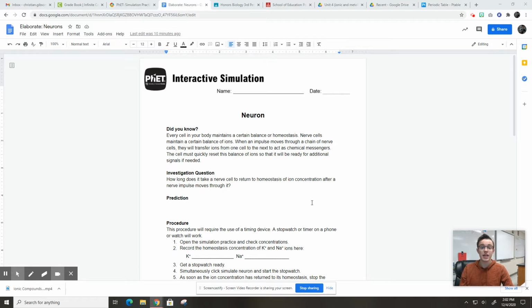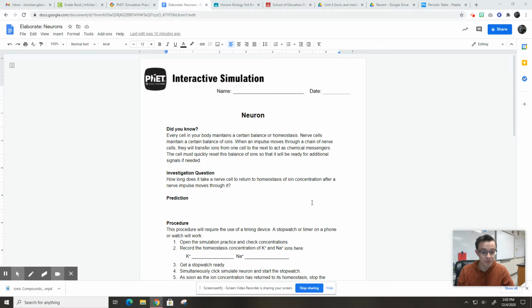And after the ion amount has changed, the cell has to quickly reset the balance of ions so that that nerve can be used again to send another signal. If that balance wasn't restored, then your nerves could only be used once, and that wouldn't be great.